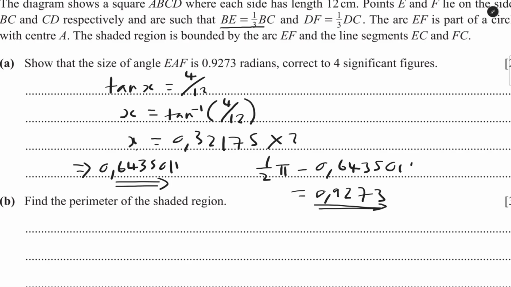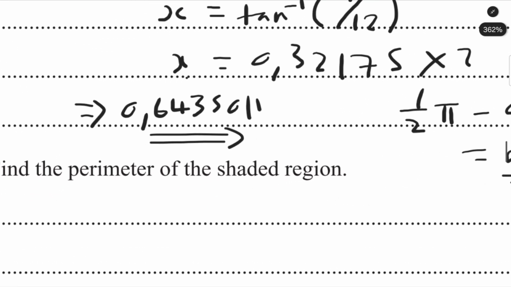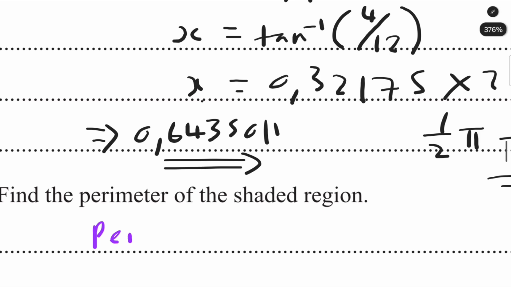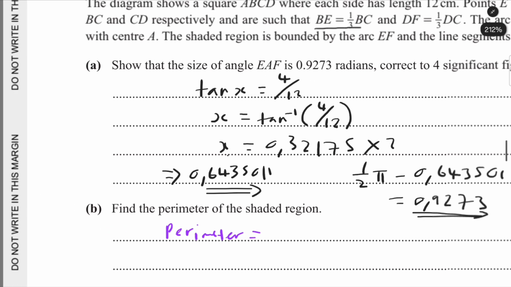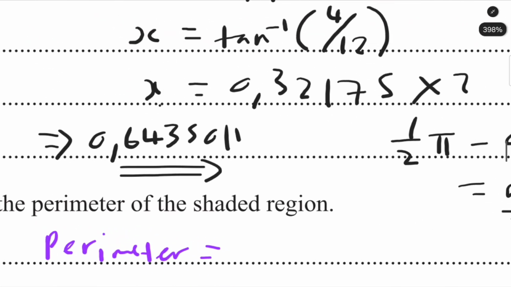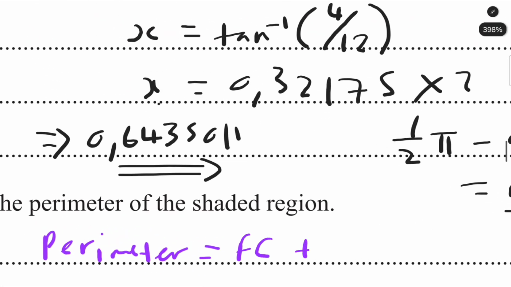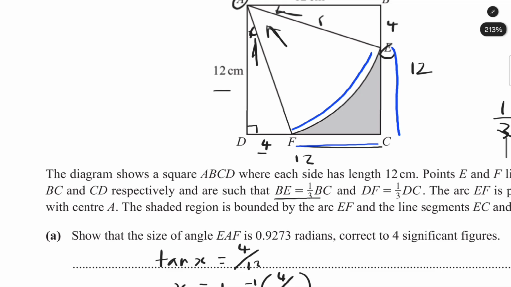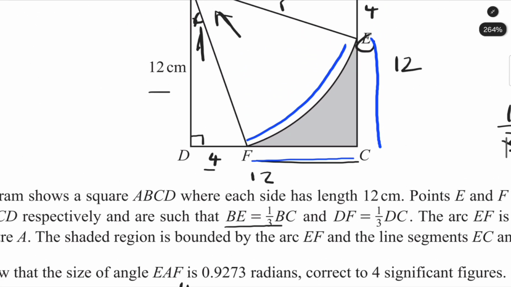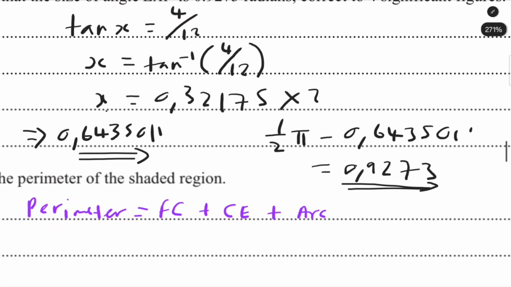And so for perimeter, it is equal to FC plus CE plus arc EF.